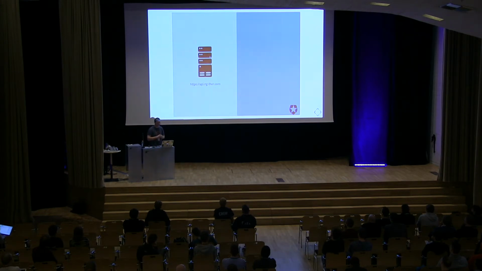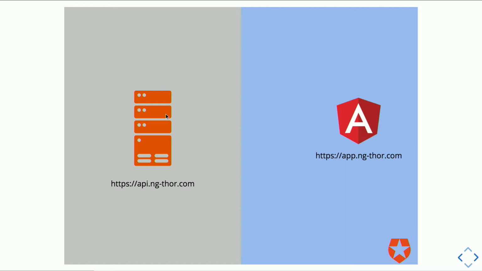Depending on your use case, you might send XML or some other data, but for the most part, you're probably going to be talking to an HTTP API, sending JSON data back and forth. So we have our backend that's secured, and then we have our Angular application in the browser, that's fully public, and any data in here is going to be public. So we want to ensure that we don't put anything private in here, and anything we put in here, we can just assume is going to be readable for everyone.